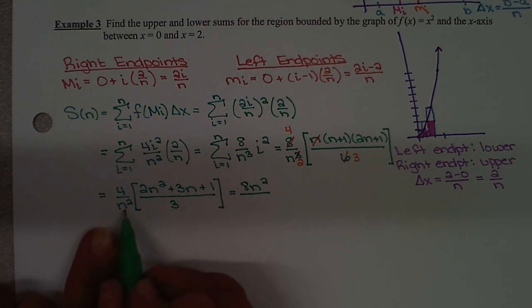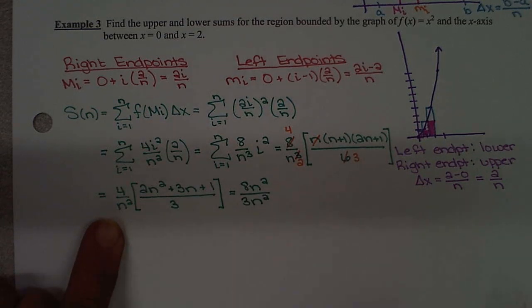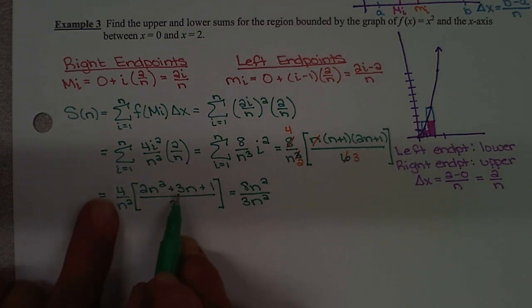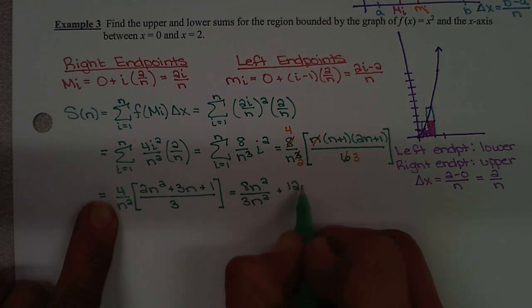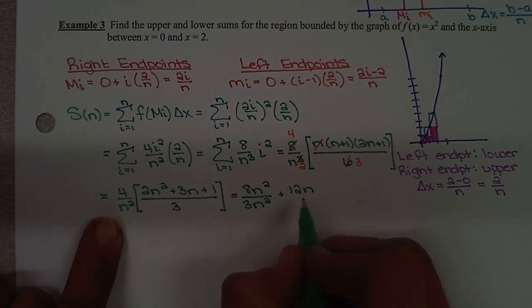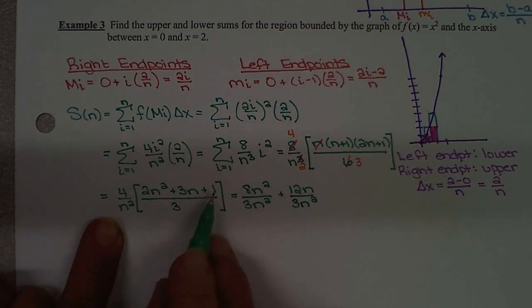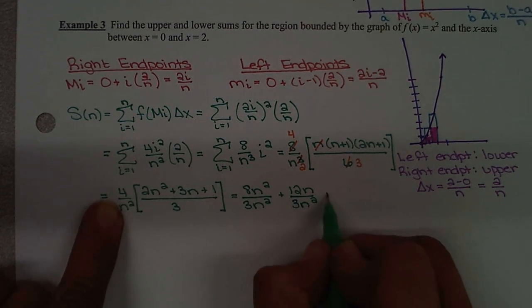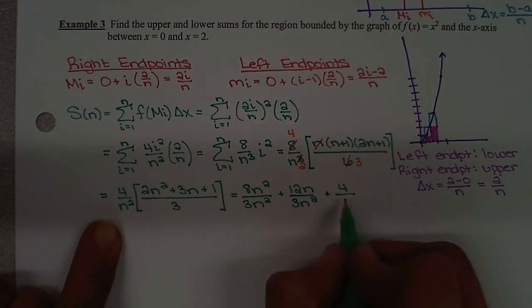And on the bottom, the n squared times the 3 makes a 3n squared. The next term, 4 times the 3n is going to make a 12n. And the 3 times the n squared is going to make a 3n squared. And then here, the 4 times the 1 is going to make a 4. And the 3 times the n squared makes a 3n squared.